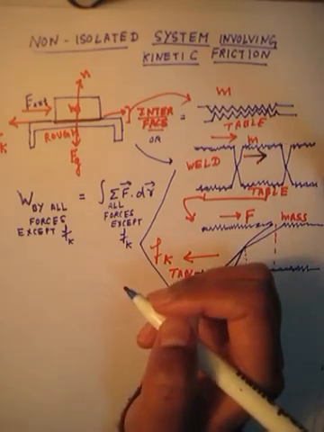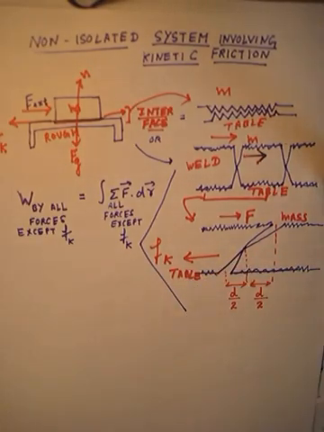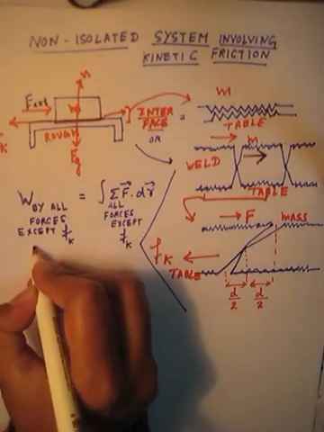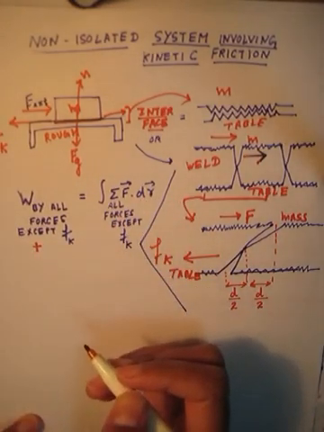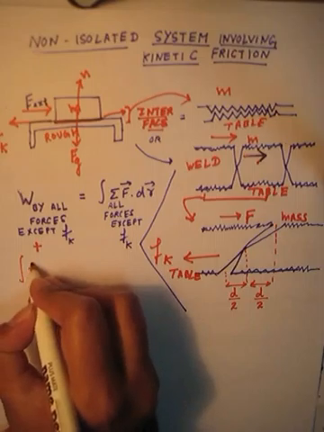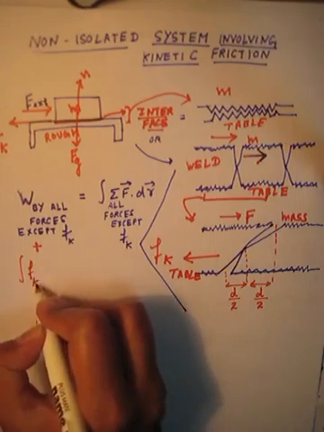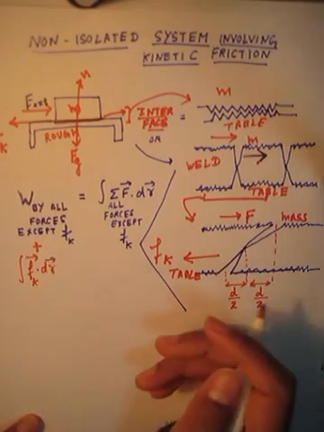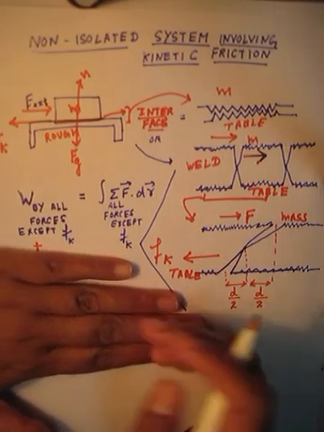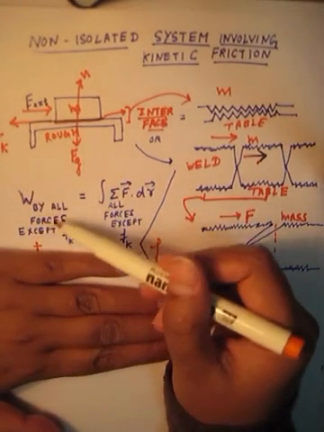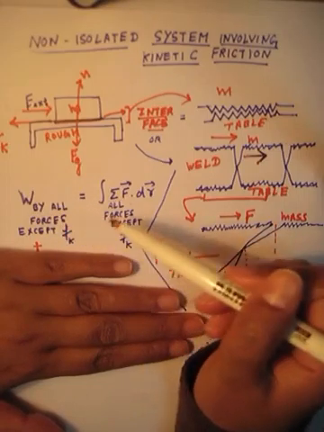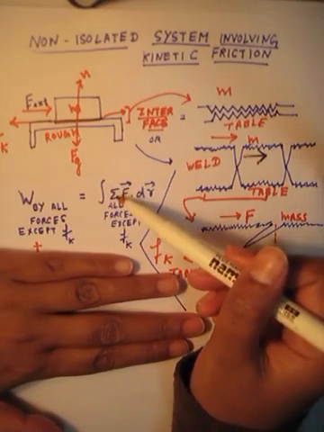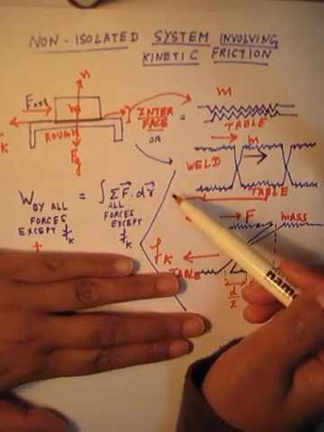Now let us say that towards this side I add some extra term: kinetic friction vector dot dr vector. First we have the situation that the work done by all the forces except friction is equal to the integral of all the forces except friction dot displacement.